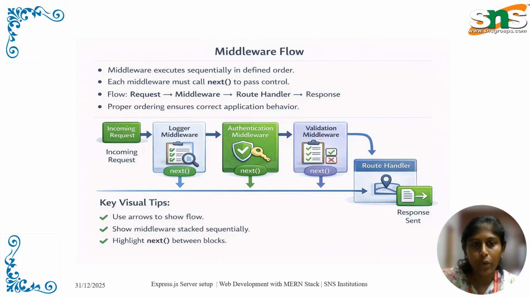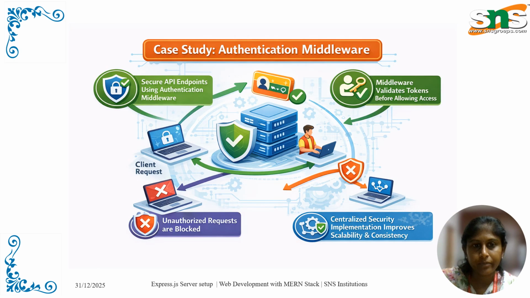The request flow is like this: client, middleware, route, and response. Middleware can log request details, validate user input, authenticate users, and modify request data. After completing its task, it must call the next function to pass control to the next function.